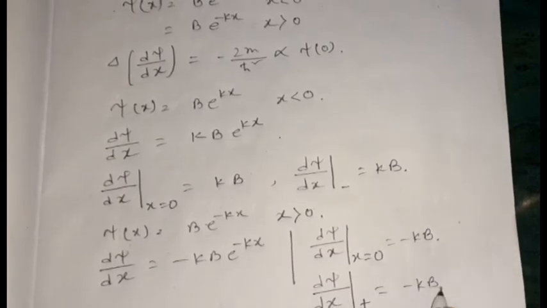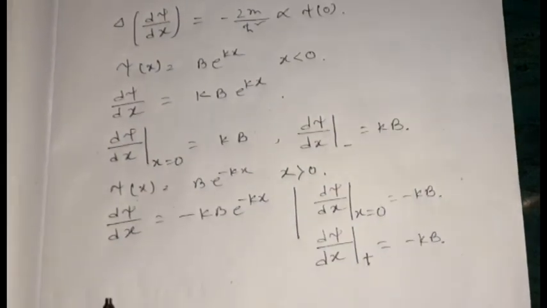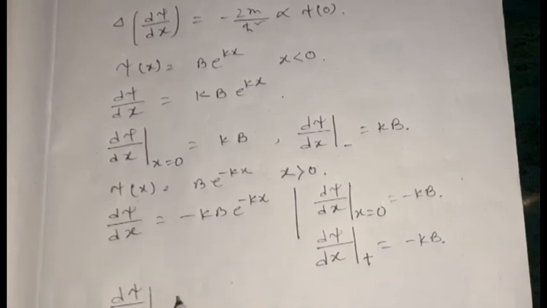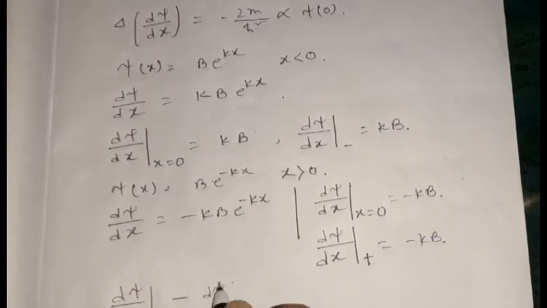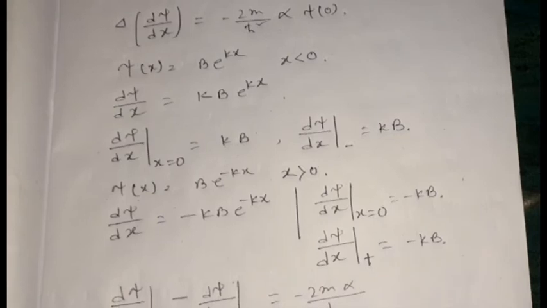So Δ(dψ/dx), which means dψ/dx plus minus dψ/dx minus, is equal to -2mα/ħ².